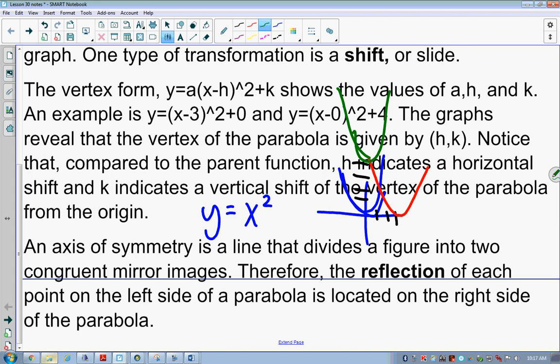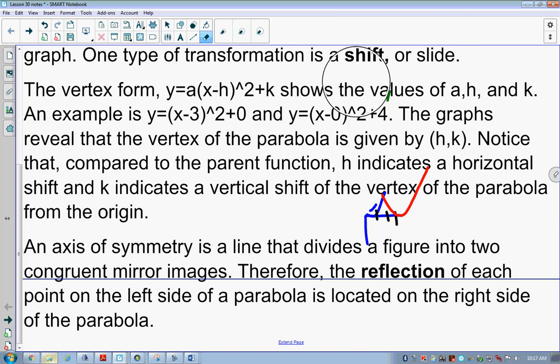So x plus or minus. X minus is to the right, x plus is to the left, plus k is up, minus k is down. Okay, and so we can actually do both of those things at the same time if they fall into the equation that way. Okay? All right.